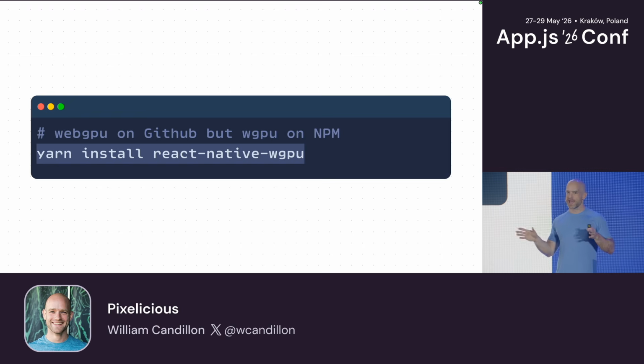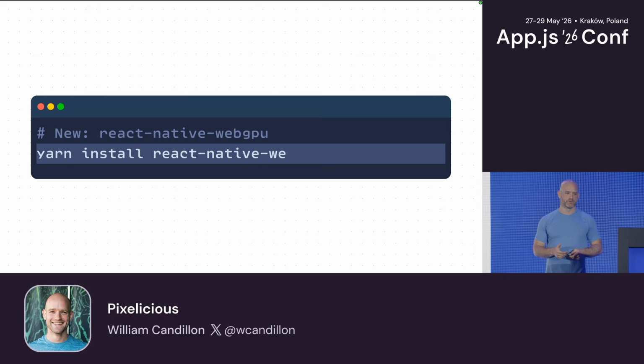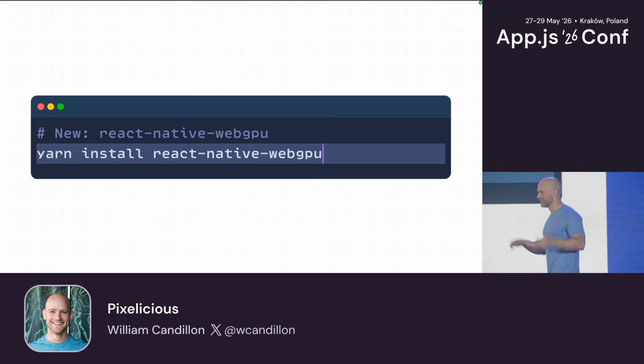And I didn't help with the confusion, so the project name on GitHub was WebGPU. There is a WebGPU implementation which is named WGPU. And there are packages that depend on React Native WGPU, which use the WebGPU suffix. So this was a very confusing situation. And so today, React Native WGPU becomes React Native WebGPU. Now, that's a game changer.